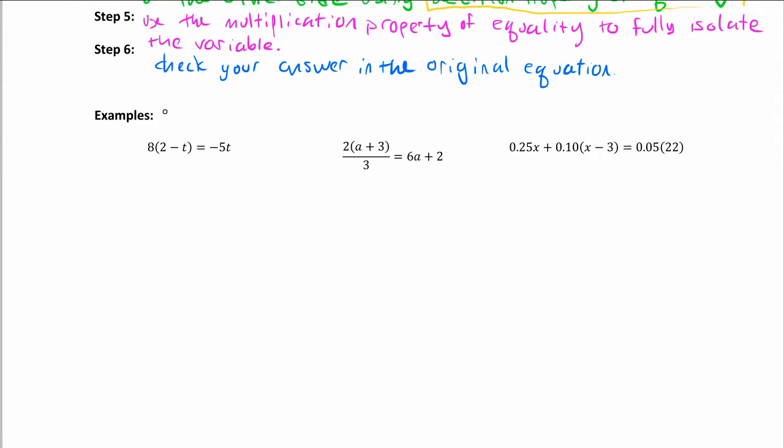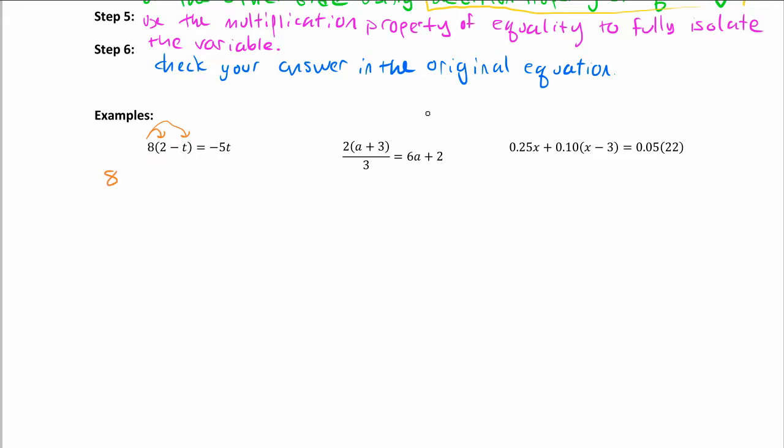So here we go. Here, I don't have any fractions to take care of. So this is nice. I don't have to deal with my step 1 because I don't have any denominators. But for my step 2, I do have some parentheses. So the first thing I'm going to do here is use the distributive property to rewrite this without parentheses. So that 8 is going to go to the first term. It's going to go to the second term.